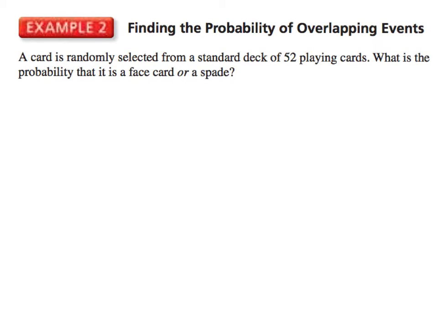Example 2. A card is randomly selected from a standard deck of 52 playing cards. What is the probability that it is a face card or a spade? So what you have to do now is you want the probability of A or B. So if we add them together, now let's think, a face card. How many face cards are there?